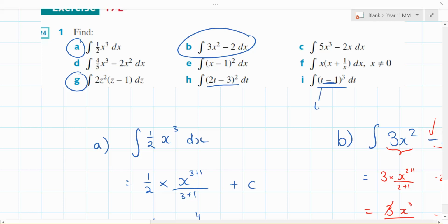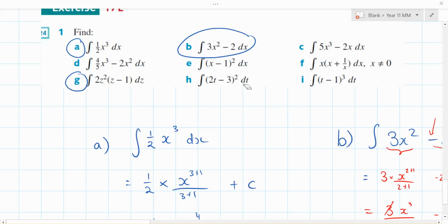We can do it if it was t to the power 3. We can do it if it was 4t to the power 3, but we can't do it when it's t minus 1. So the only way is you have to expand the entire bracket and then do it individually. So this would become 4t squared minus 12t plus 9 dt. You'd have to expand it and then antiderive each one individually for H.